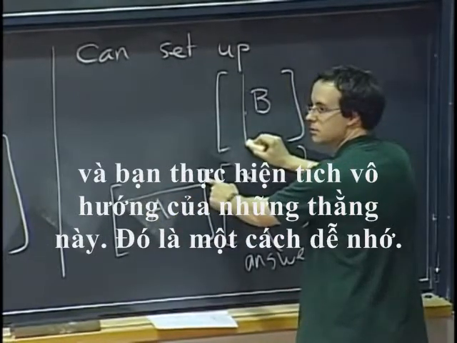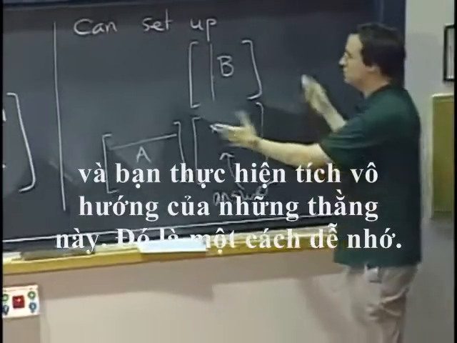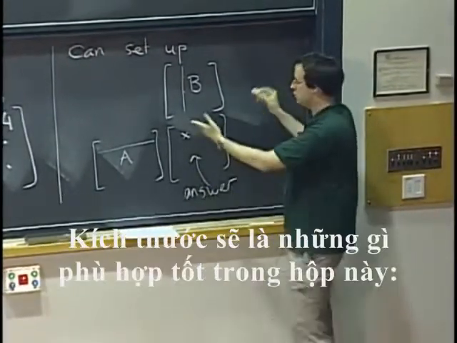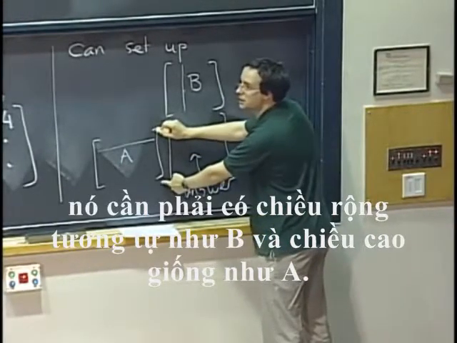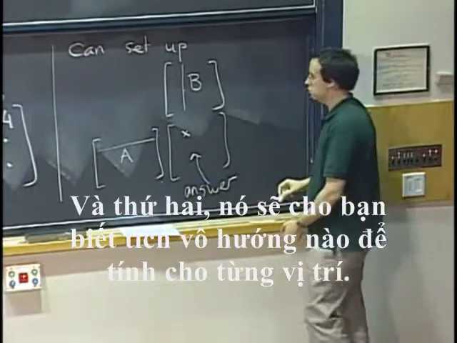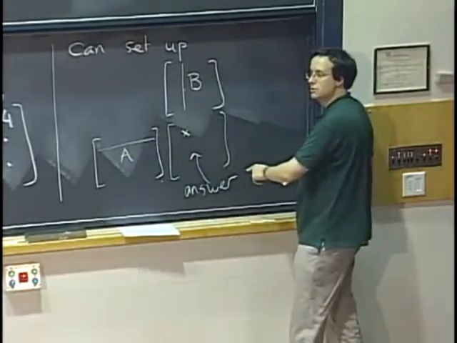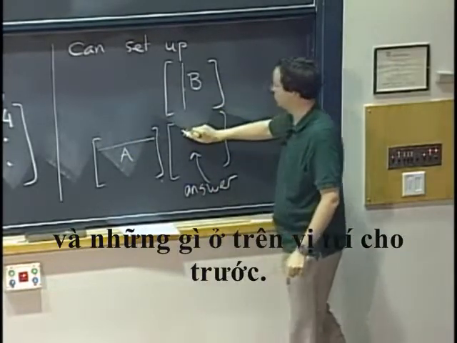I think that's an easy way to remember. First of all, it tells you what the size of the answer will be: what fits nicely in this box should have the same width as B and the same height as A. And second, it tells you which dot product to compute for each position. You just look at what's to the left and what's above the given position.